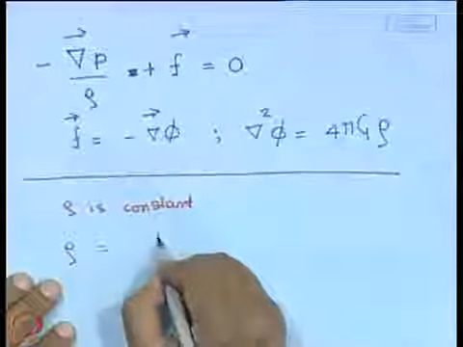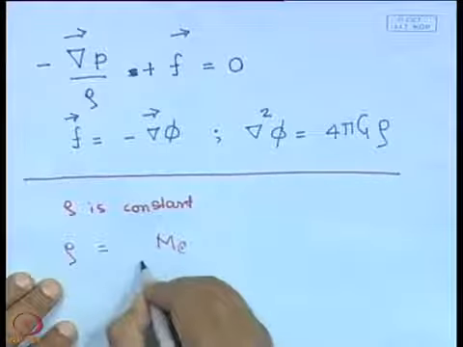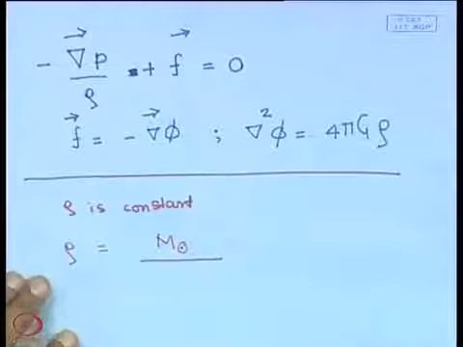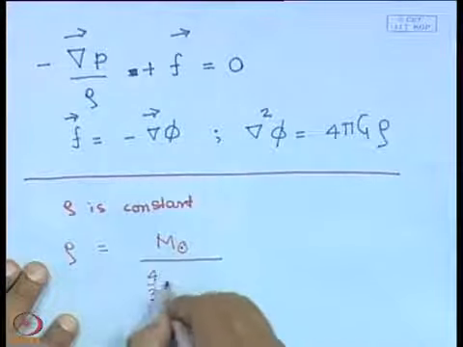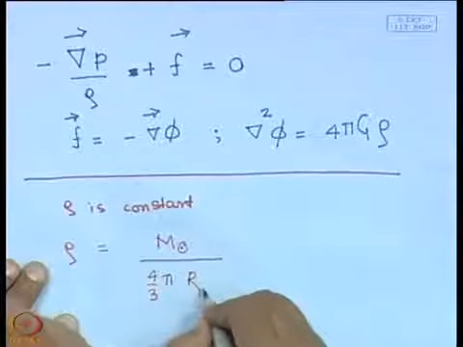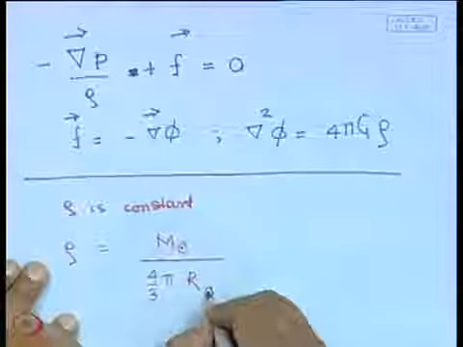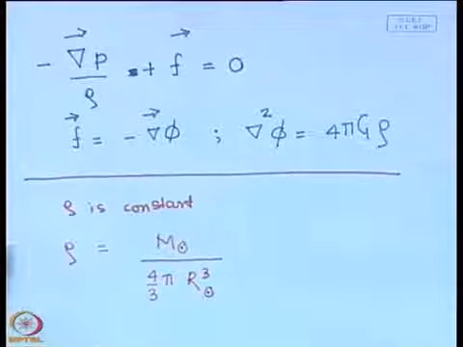is the mass of the sun, which I have already told you the value, divided by the volume of the sun, which is 4/3 pi R cubed, and I have already given you these values.